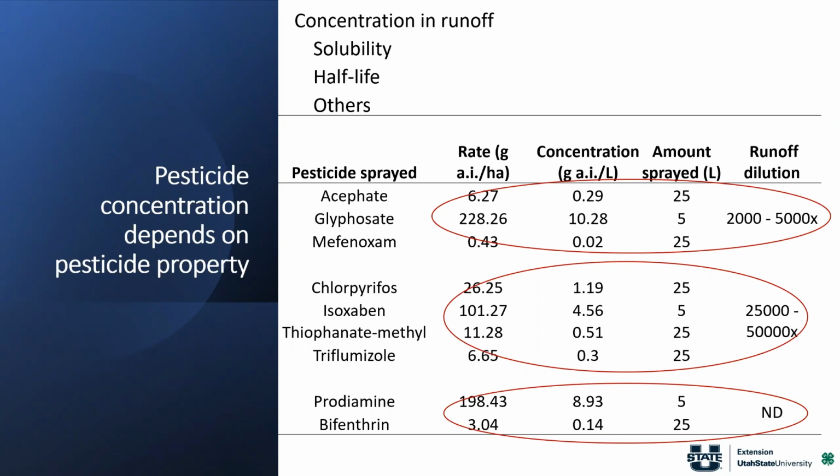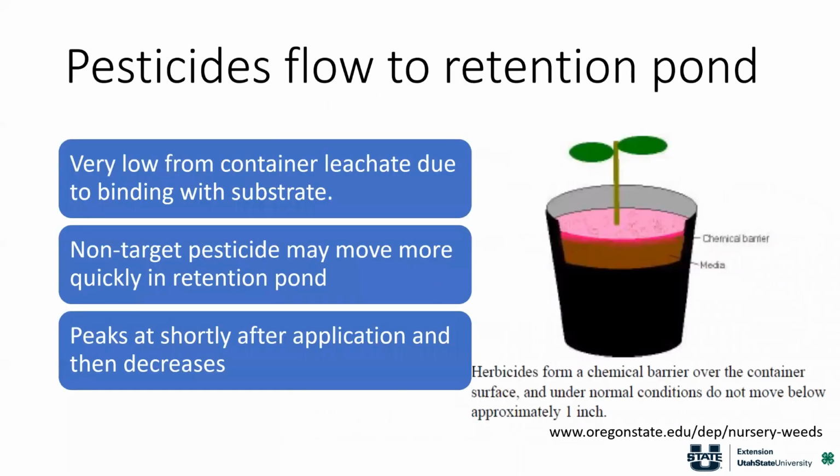So how does a pesticide flow to a retention pond or a collection pond? Pesticide flow to the retention pond is very low from container leachate due to binding with the soil substrate. Usually, pesticide binds with the substrate in the container, so even through leaching, it doesn't go beyond the container. Most of the pesticide that we collect in the retention pond is because of non-target pesticide application.